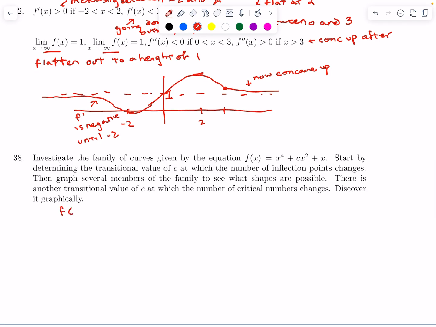Let's just take a look at this. F of x is x to the 4th plus c x squared plus 1. What's f prime? And then it talks about inflection points. So let's deal with f double prime.